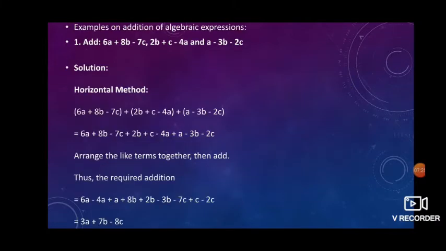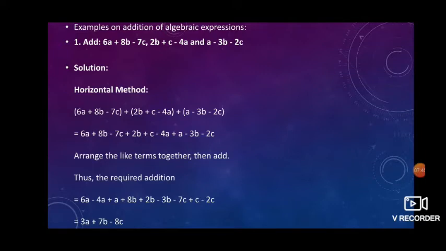Next one, example. Here I'll explain the horizontal method in a correct way. If you see here, add 6a plus 8b minus 7c, 2b plus c minus 4a, and a minus 3b minus 2c.